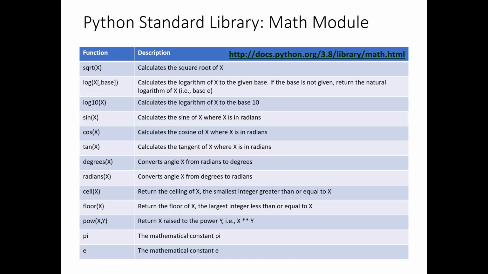Trigonometric functions, we have sine, cos, tan. And if you want to work with radians and degrees, you have a set of functions and so on. Apart from that, the mathematical constants pi and e can also be used from the Python standard library. Now let me show you how you may call this, because it's the first thing we should understand, right? So let me go to Python.